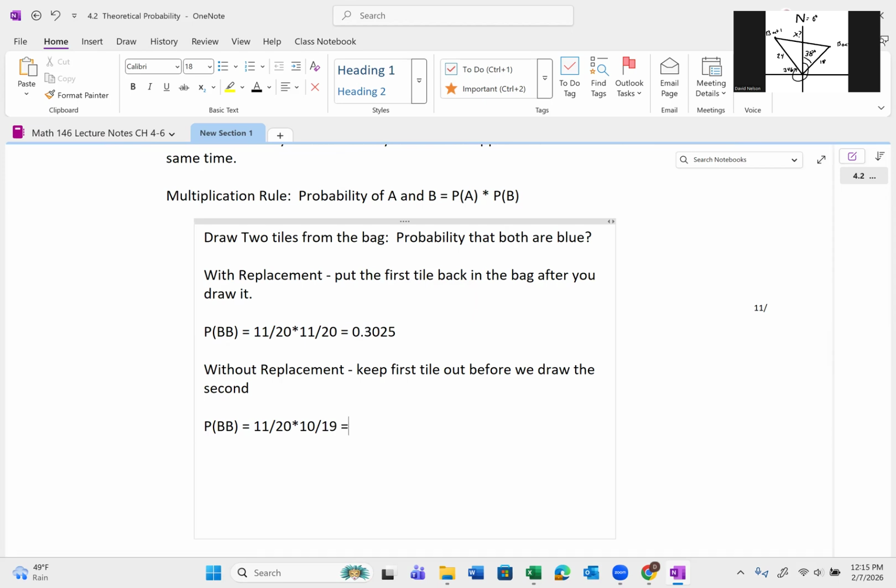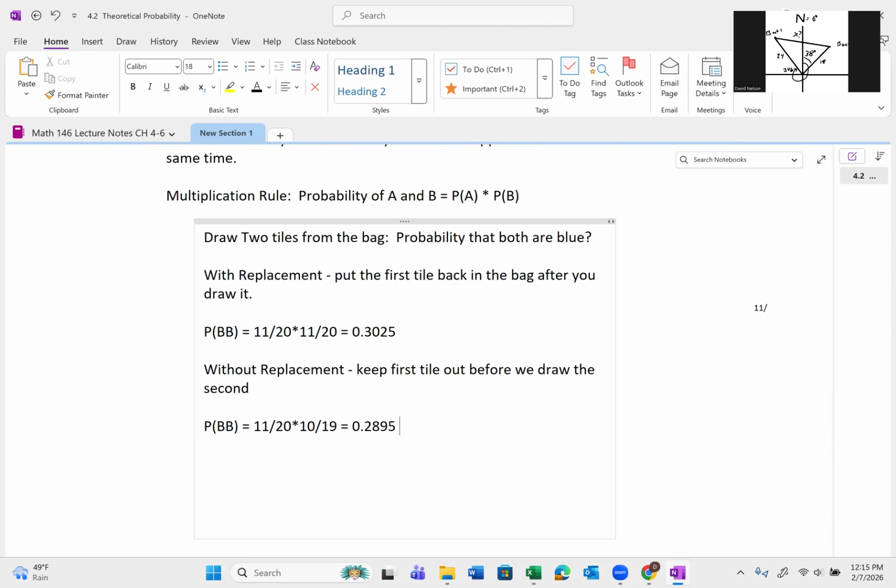So it would be 11 20ths times 10 19ths. And it would be a slightly smaller percentage, a little bit less likely to get the blue tile on that second draw because there are fewer blue tiles in the bag. So when you're doing this multiplication rule with two random events, you want to multiply the two values together.